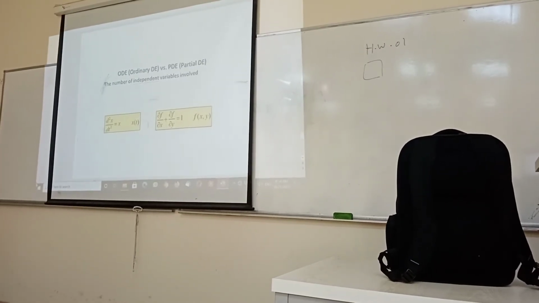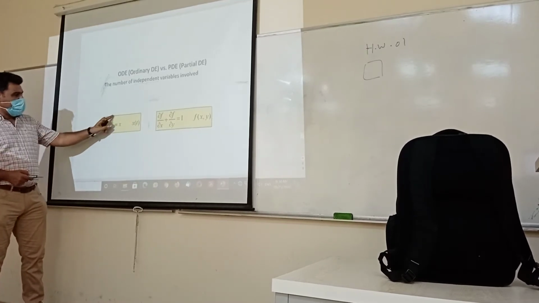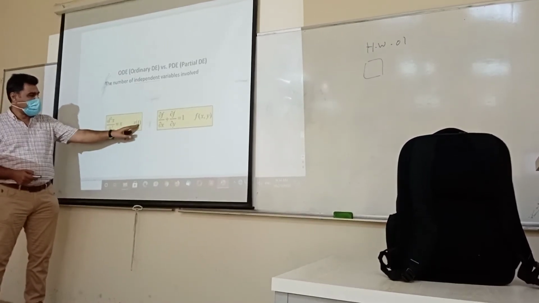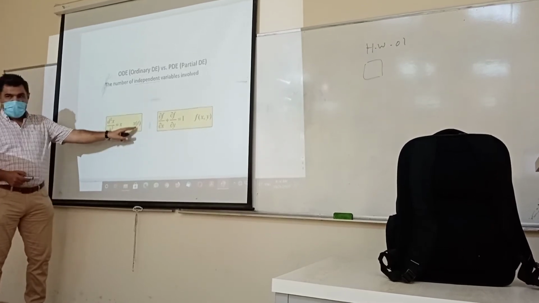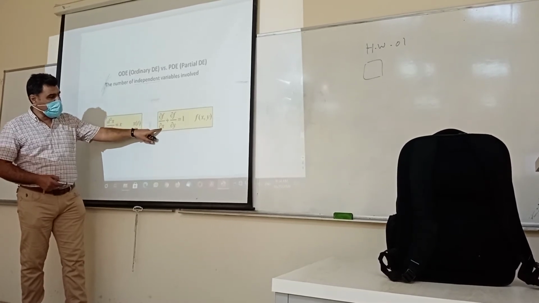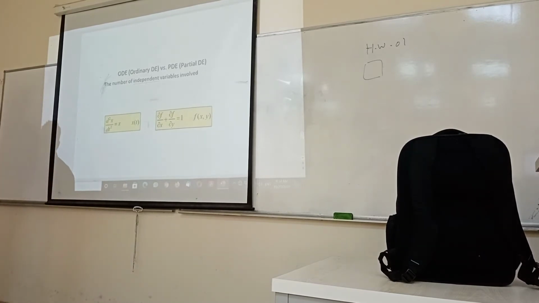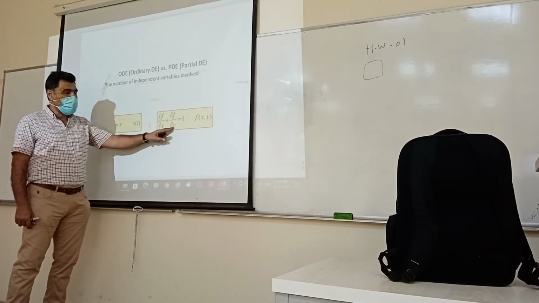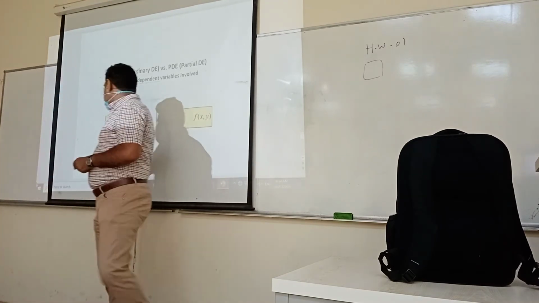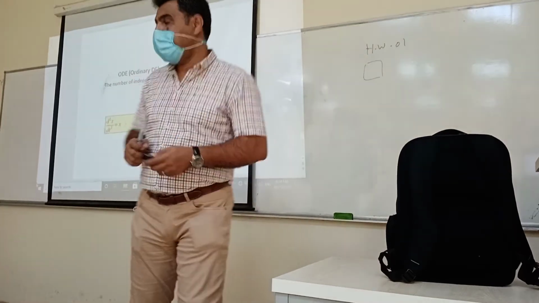When you write in this form, you will say x as a function of t. But here you have f as a function of x and y, because both x and y are independent. So f is dependent on two variables. In this case, x is dependent on one variable.